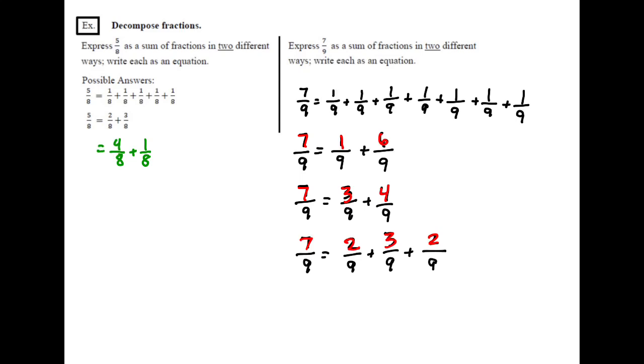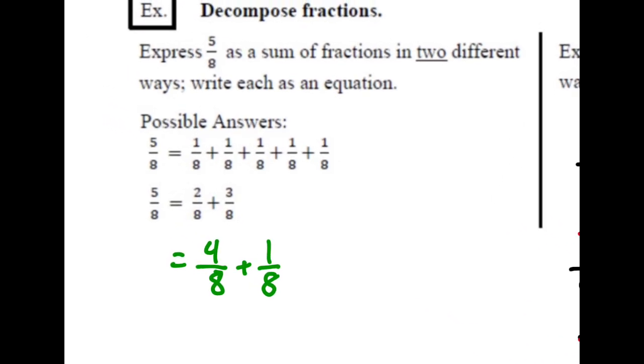Okay, on this page, I just lift up what we were talking about so I don't have to write it all again, but let's take a look at this. What they want you to do is write 5/8 as a sum of fractions in 2 different ways. They did it twice, and I did it another time after that.